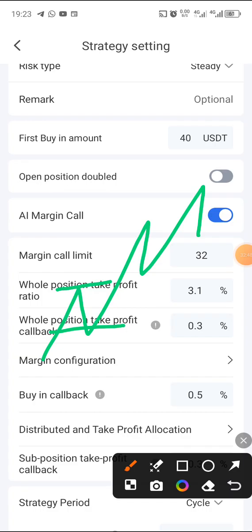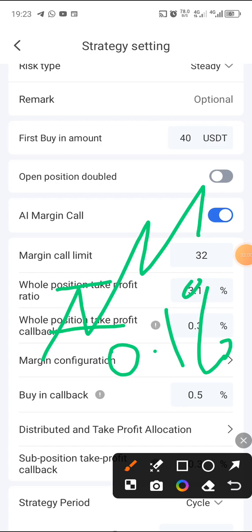You will say, robot, if the market tries to retrace with 0.1%, I think the market is trying to go on a downward trend, so please sell. When the market tries to drop 0.1% after reaching my take profit, which is 3.1%, robot, sell. I don't want to lose my profits.